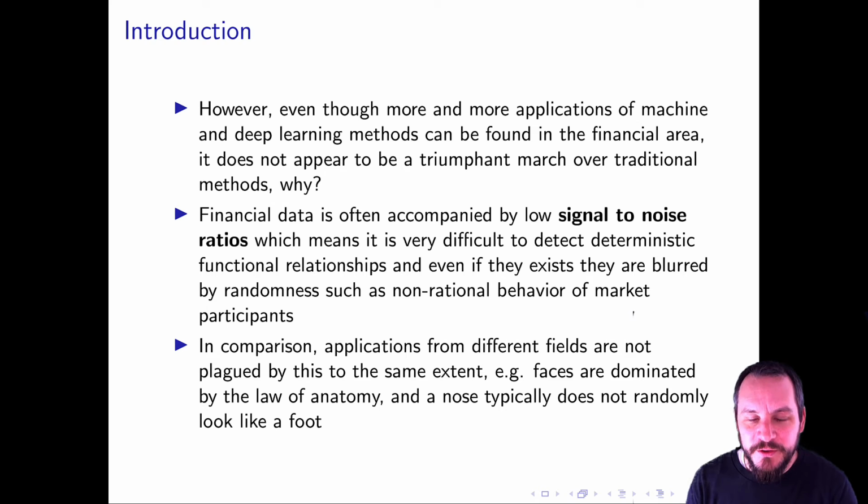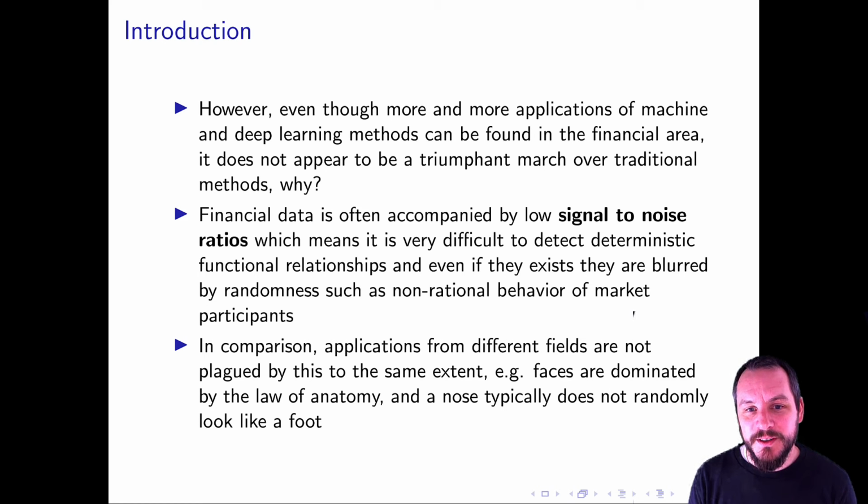If you compare it, for instance, to face recognition, of course we have different faces, but the way a face looks is driven by anatomy and the laws of anatomy, and you will not find a foot randomly in the area where we would expect a nose.